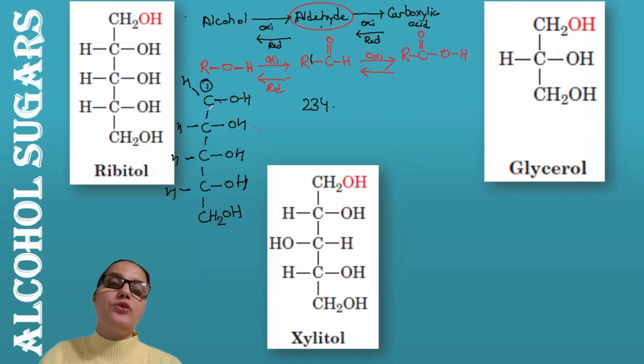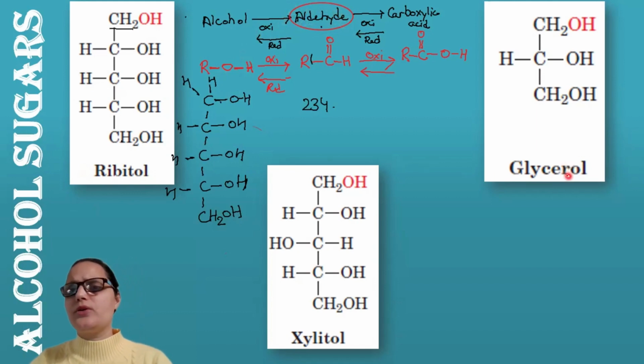Now this carbon is not fulfilling its tetravalency, so to fulfill it, it gets associated with one more hydrogen. The resultant is CH2OH. In this way, ribitol is formed. It is a reduction of this polyhydroxyaldehyde.